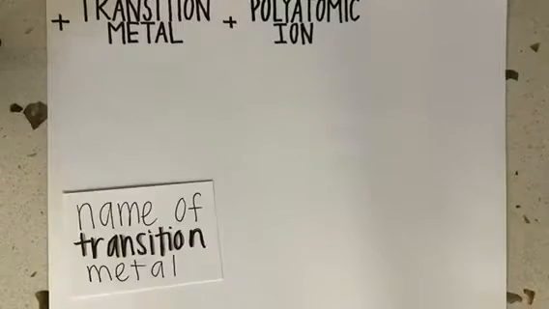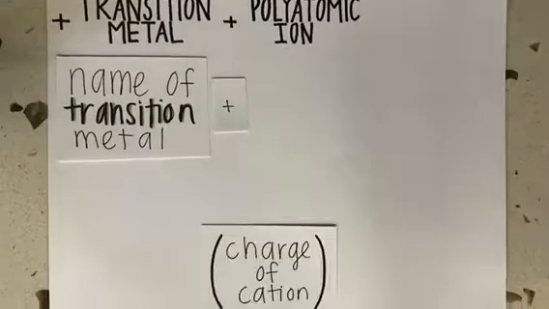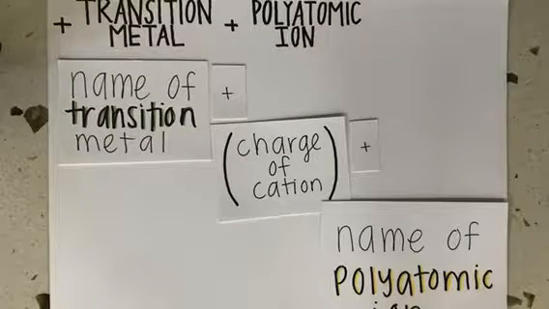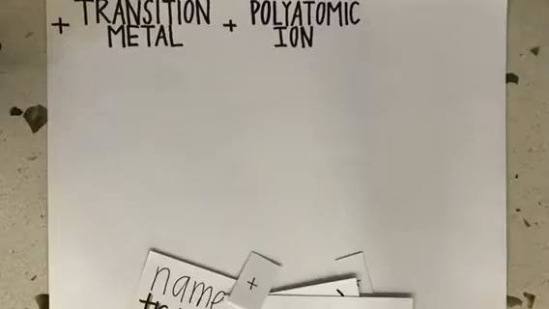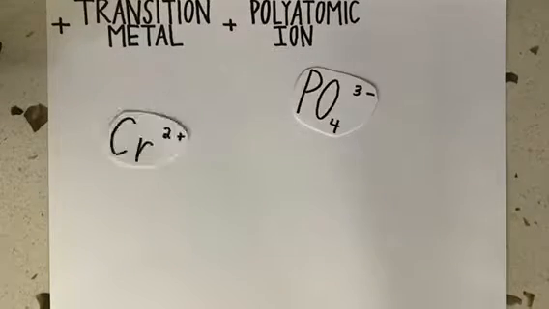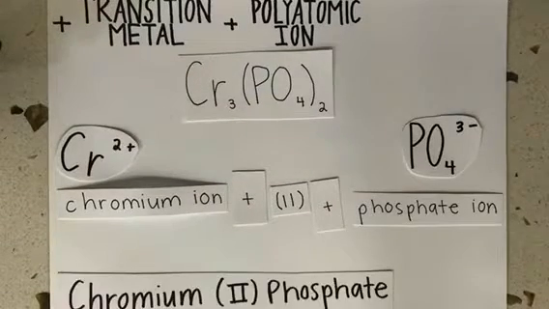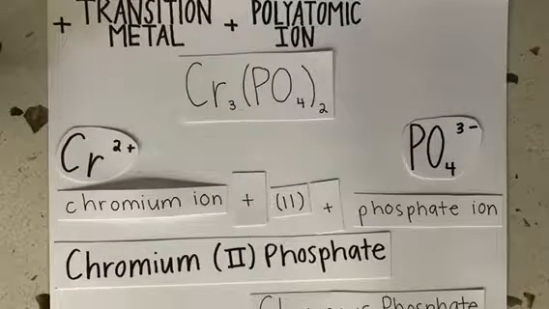When naming an ionic compound formed between a transition metal and a polyatomic ion, name the transition metal, then the charge of the cation, and then the name of the polyatomic ion. Here we have Cr3(PO4)2. First, separate the compound into its individual ions. We know that the charge of PO4 is -3, and by looking at the chemical formula, there are 2 PO4 ions, so that ion has an overall charge of -6.